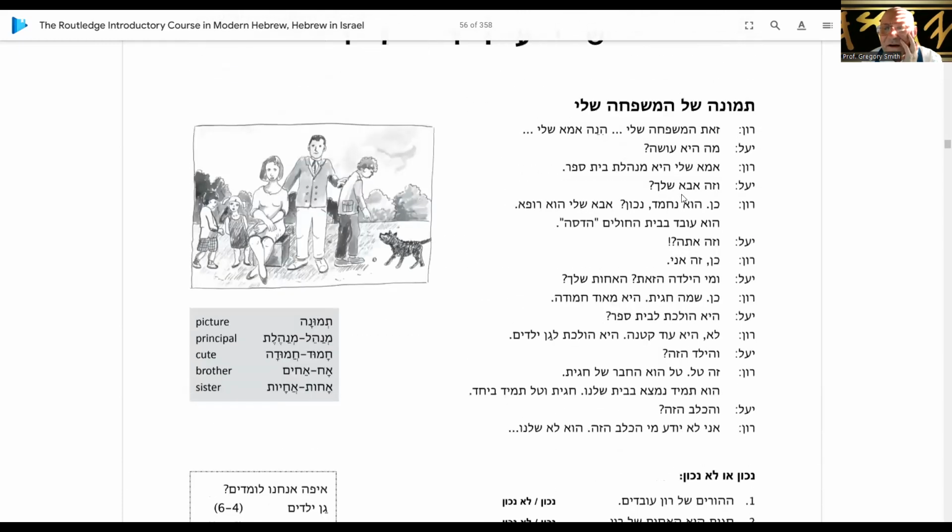But I think that was in here somewhere. So we have Mahi osei, what does she do? And then Ron says, Ima sheli menachelet beit sefer. Okay, so she is a principal. Ima sheli, my mother, is a principal of a school.